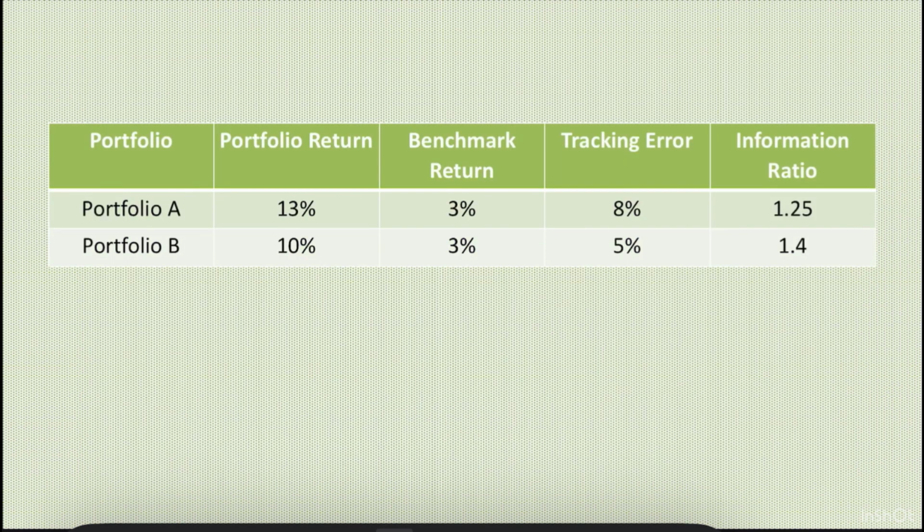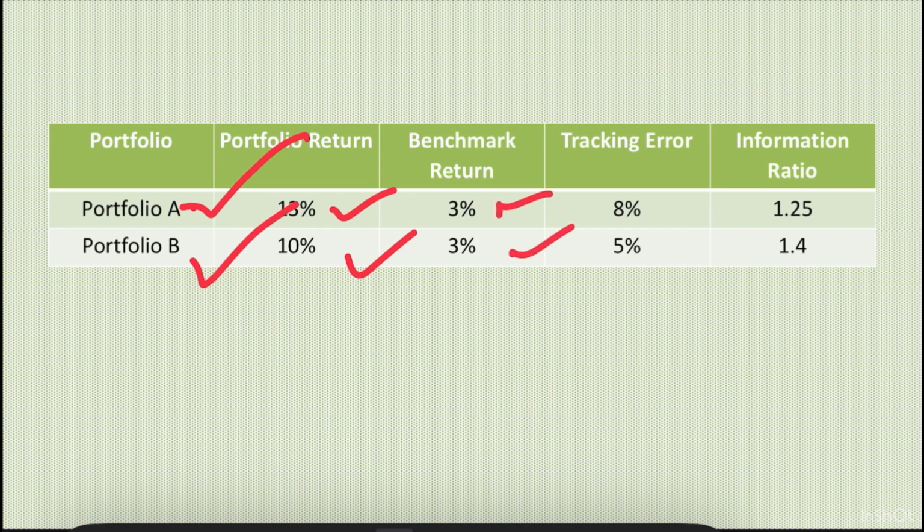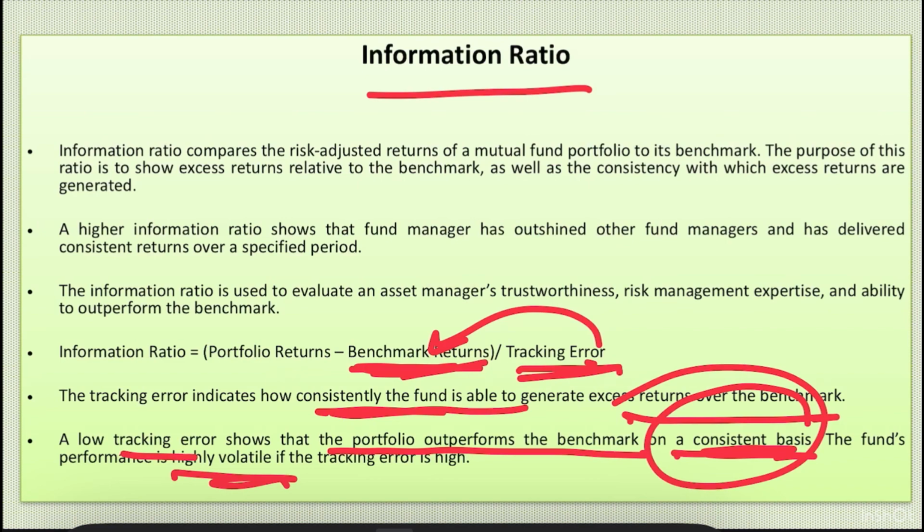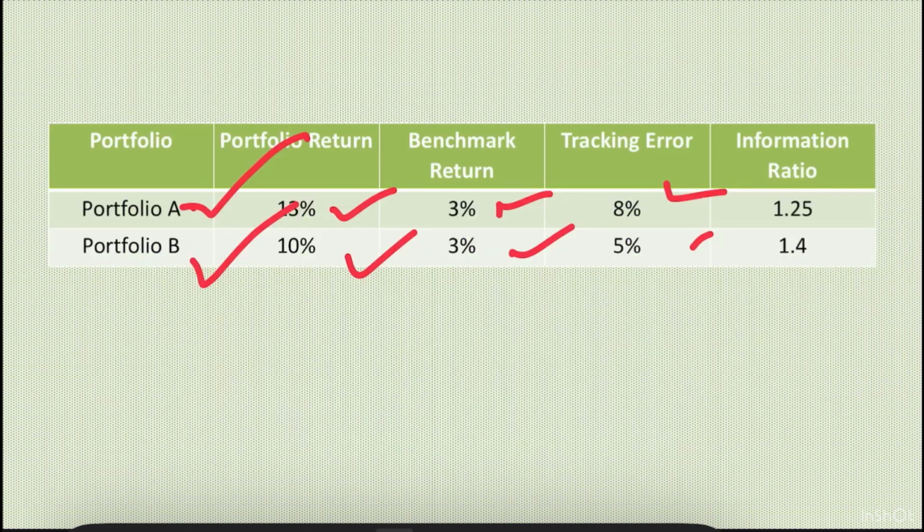Now, if I take into account the example, we have two portfolios, that is portfolio A and portfolio B, right? We have portfolio return of say 13% and 10% respectively, benchmark returns we have, and the tracking errors we have. So if I compute this with the help of the formula, that is portfolio return minus benchmark returns divided by tracking error, I get the information ratio.